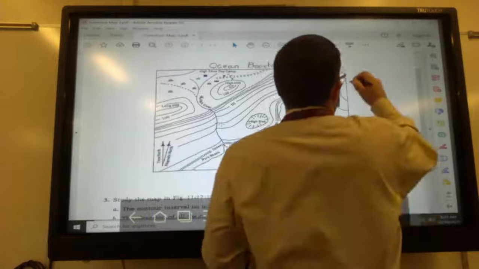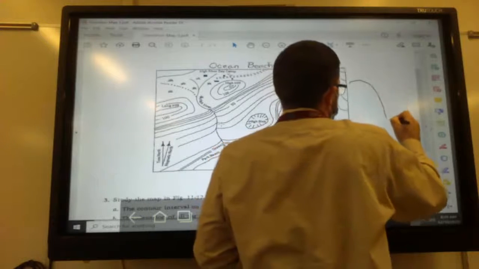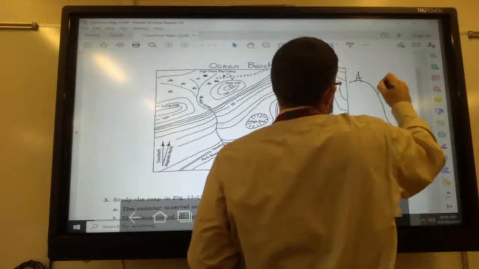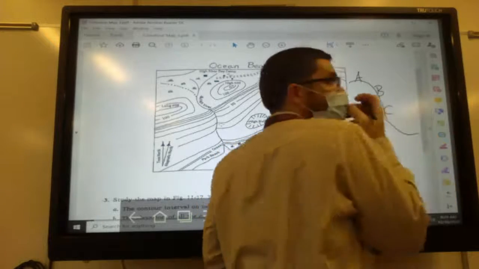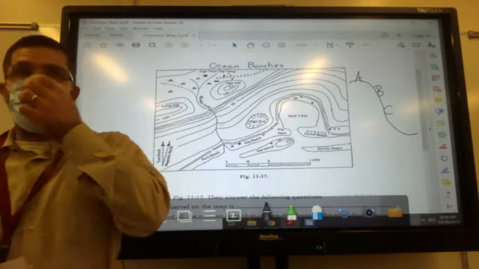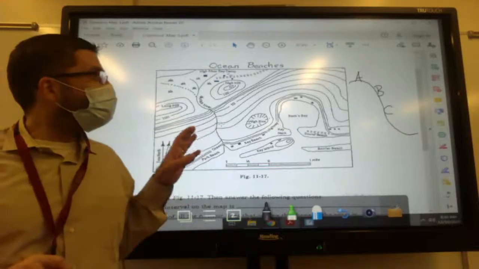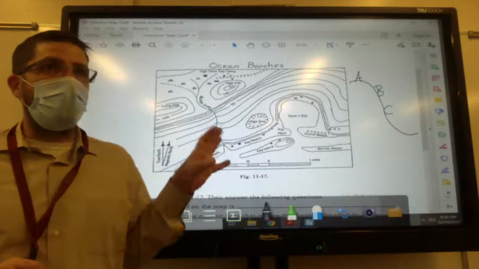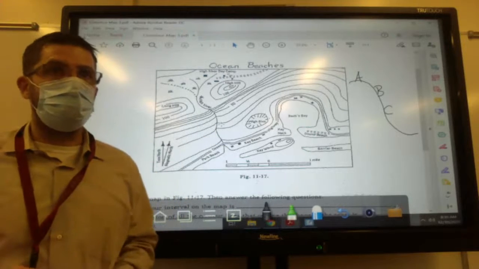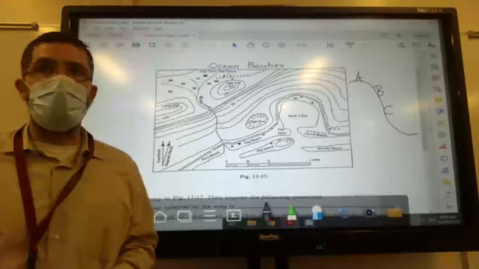I draw a hill here, and I put points A, B, C, right? If I roll a ball down that hill, at what letter is the ball going to be at its greatest velocity? A, B, or C?